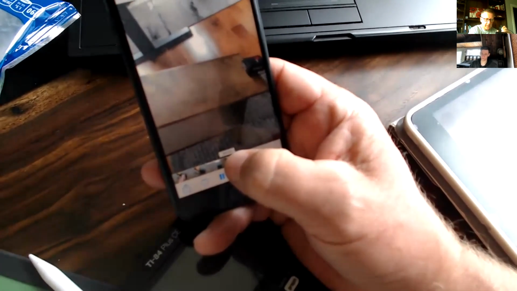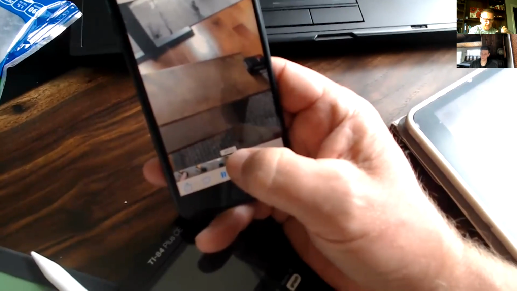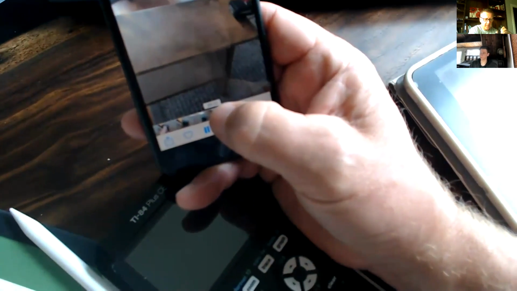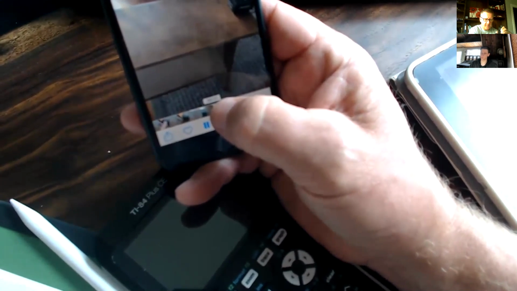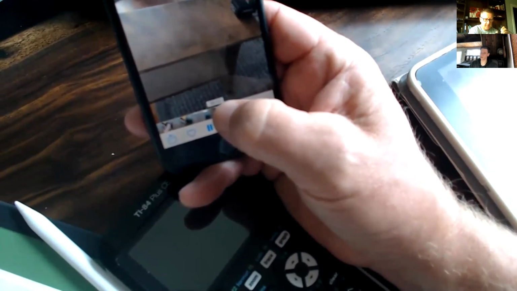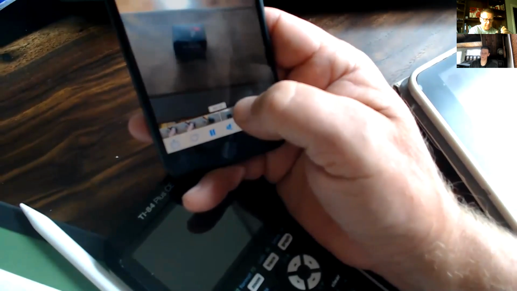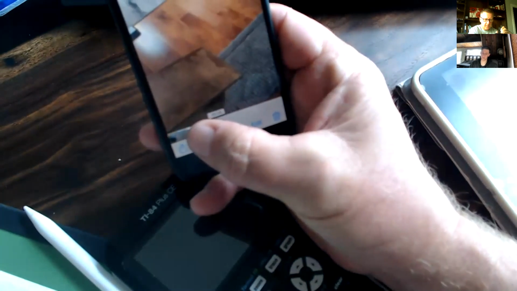So what's that measurement? Does that mean 1.1 then? I think so. It's like a 1 point.